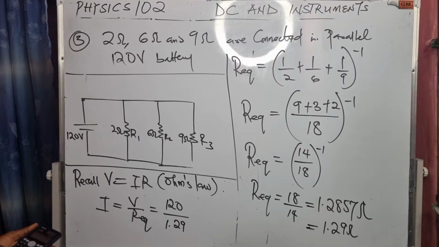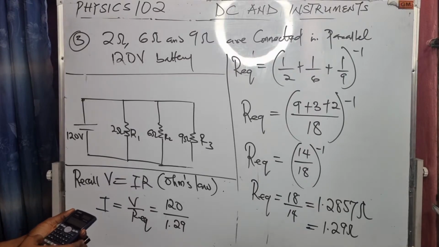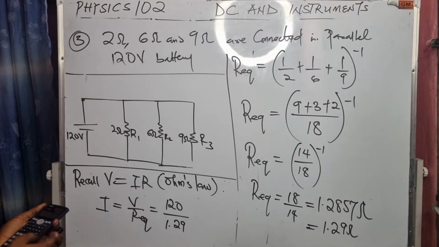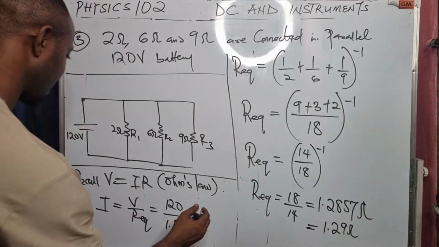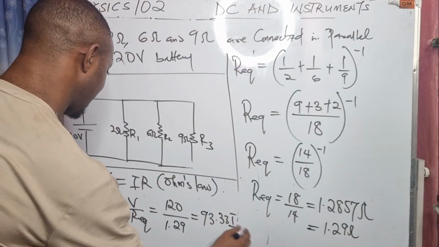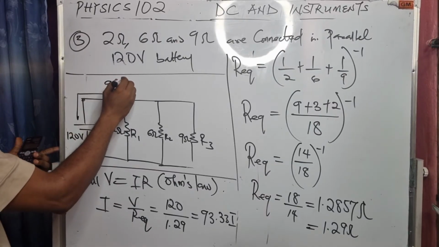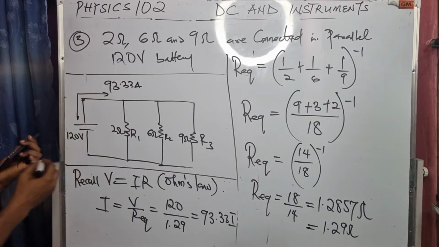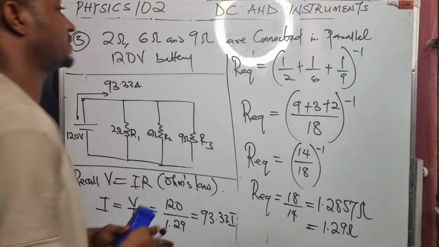Our current will be 120 divided by 1.2857. This will give us about 93.33 ampere. So the current that flows through this circuit is about 93.33 ampere. So let's check this out and see if that will give us the value of the current.